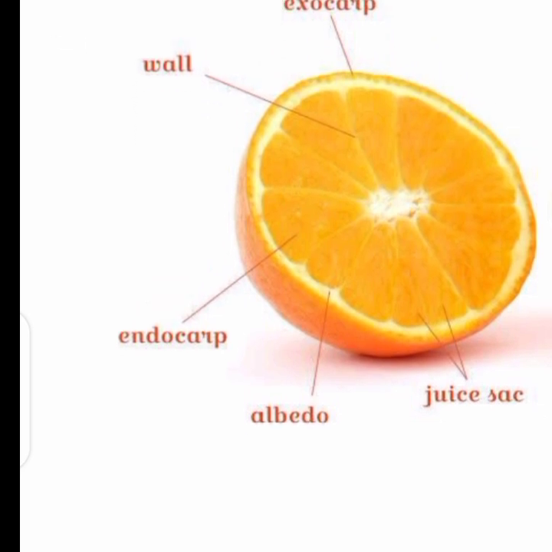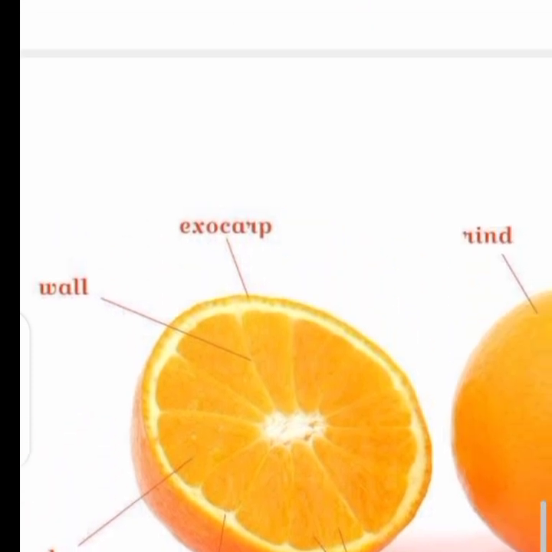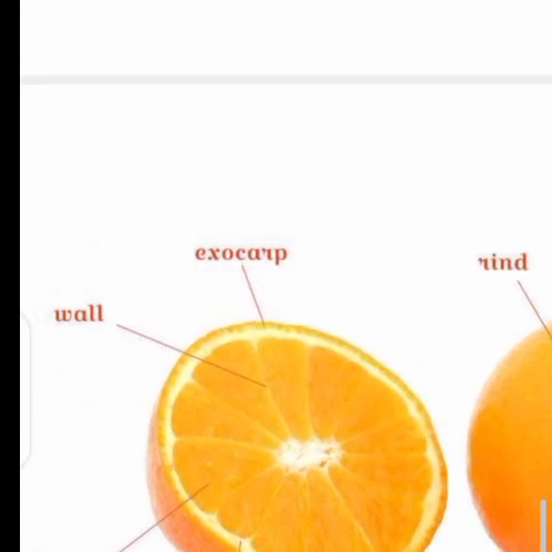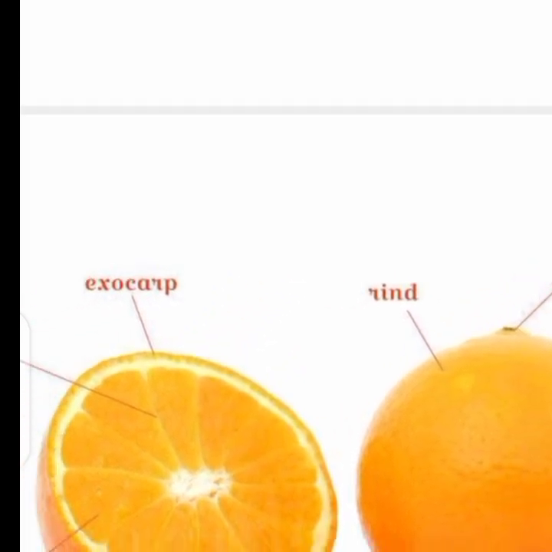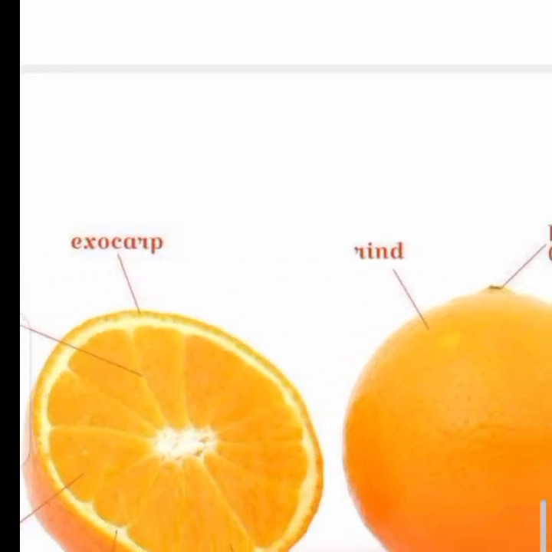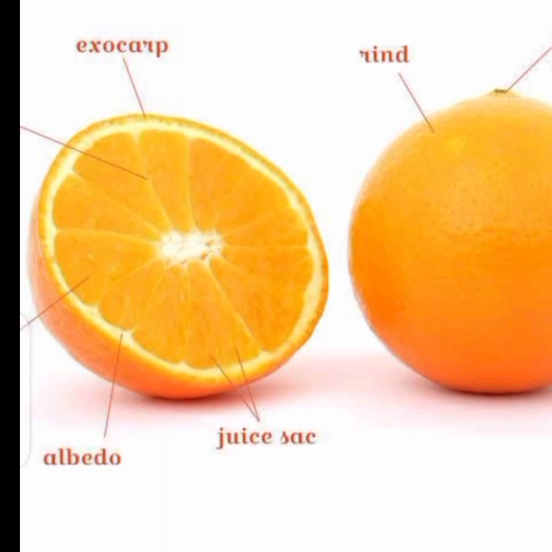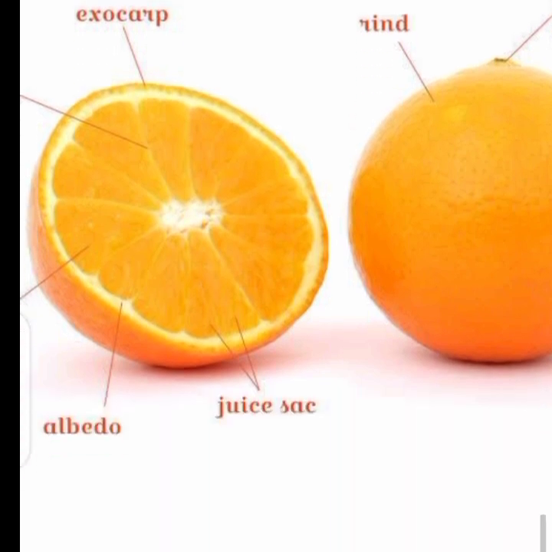Orange trees reproduce through seed and vegetative propagation. That's the way they reproduce. Then their growth: oranges grow on evergreen trees, and the name is Citrus sinensis. I think you know that. They grow in warm and subtropical climates. So that is for orange.